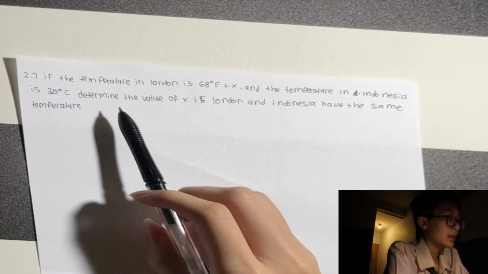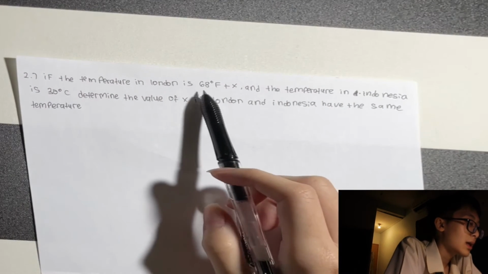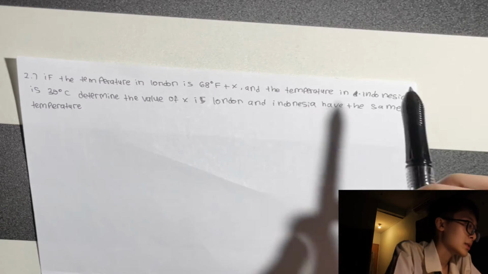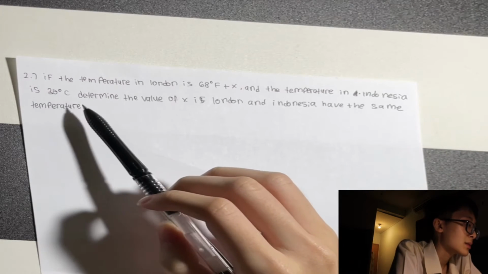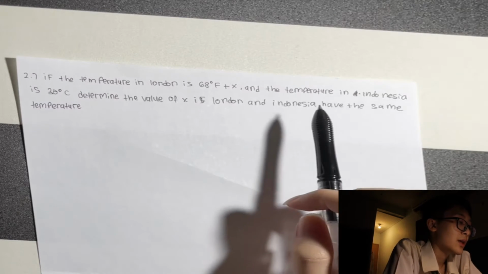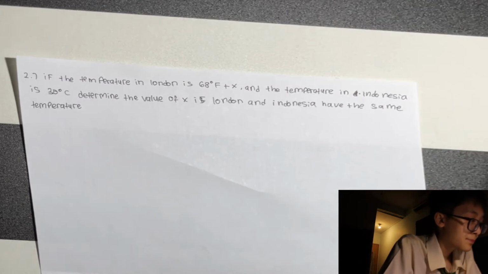Now let's move on to the second example. If the temperature in London is 68 degrees Fahrenheit plus X and the temperature in Indonesia is 30 degrees Celsius, determine the value of X if London and Indonesia have the same temperature.